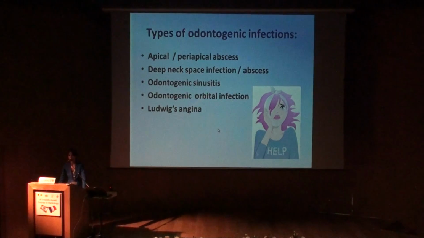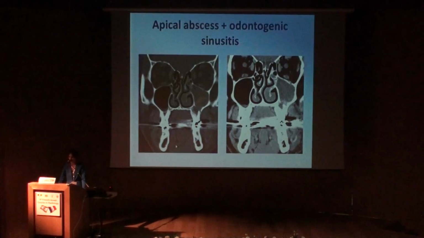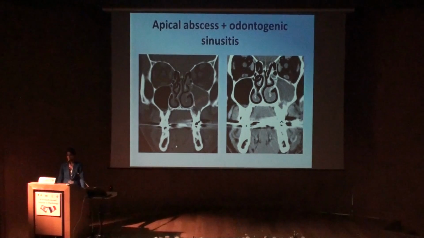So what types of odontogenic infection do we have? You can have apical, periapical abscess, deep neck infection or abscess, odontogenic sinusitis, and so on. I will show them. So this is a case of an apical abscess.